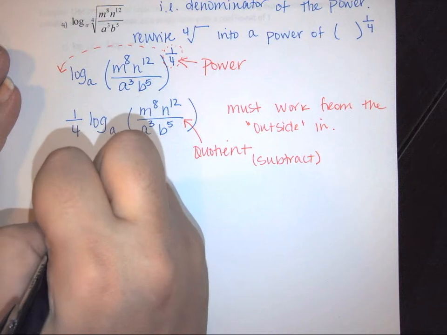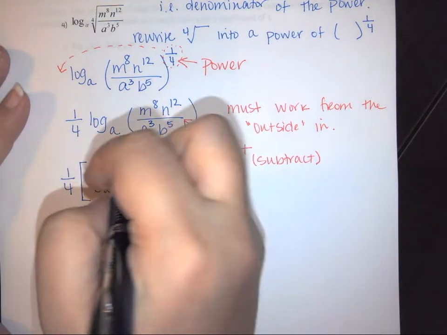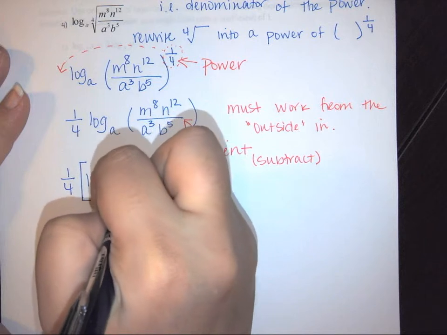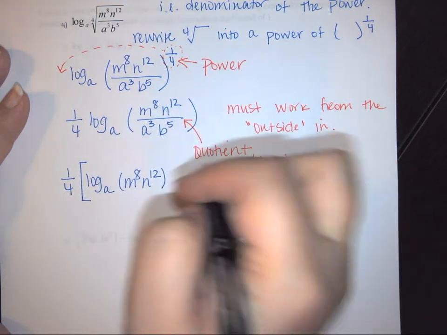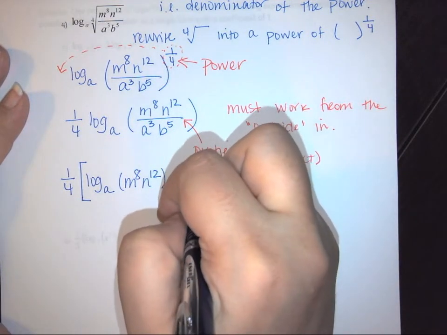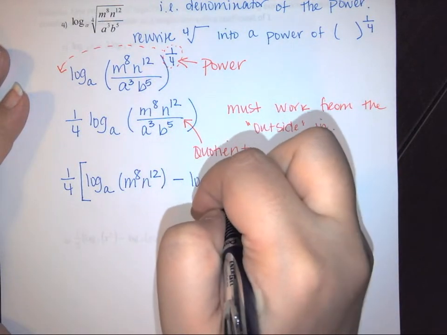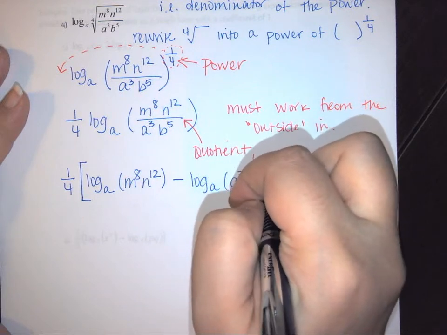So I'm going to have the log base A of my numerator, so this is m to the 8, n to the 12th, and I have to subtract the denominator. So this is going to be log base A of a to the 3rd, b to the 5th.